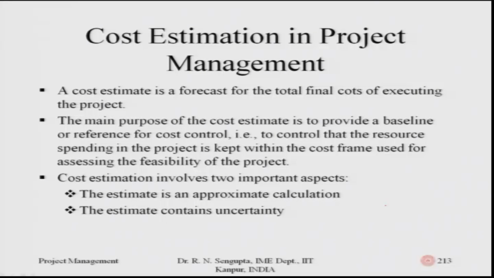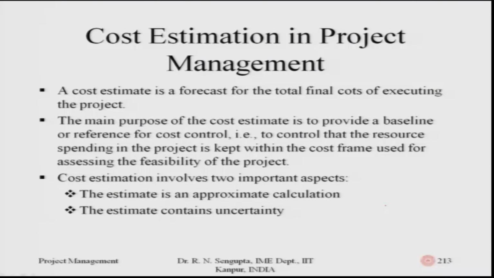A cost estimate is made for forecasting the total final costs for executing the project. The main purpose of the cost estimate is to provide a baseline, a reference for the cost of the whole project, so that it can be controlled and our decisions can be made.